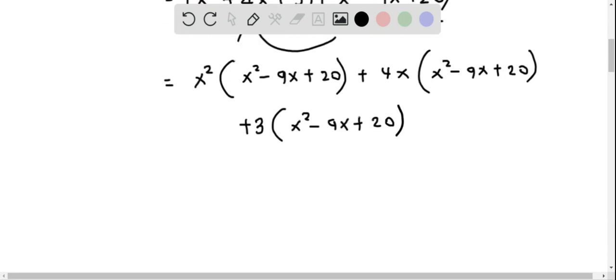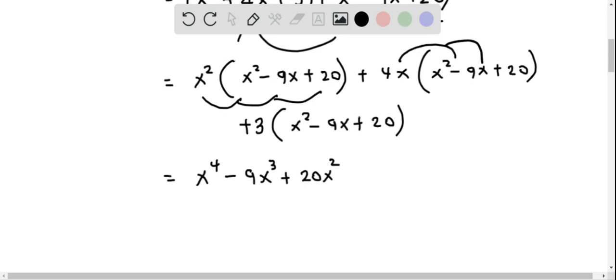So let's distribute this x squared now, and we have to distribute to all the three terms. So therefore this becomes x squared times x squared is x to the power 4, minus 9 times x cube, plus 20 times x squared. Now let's distribute this 4x with all the terms inside the brackets.